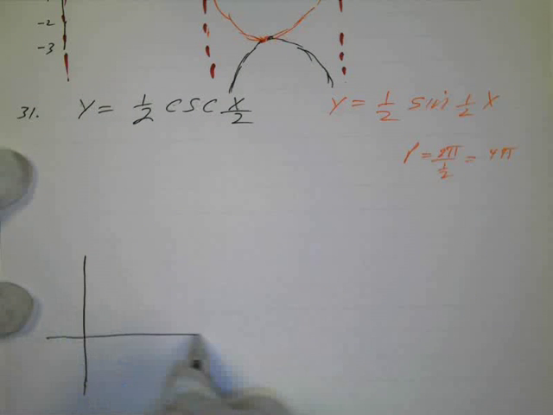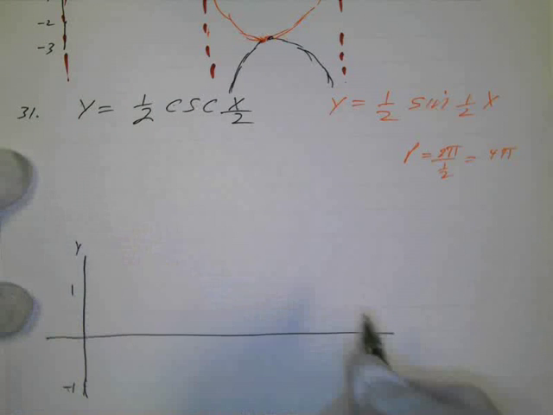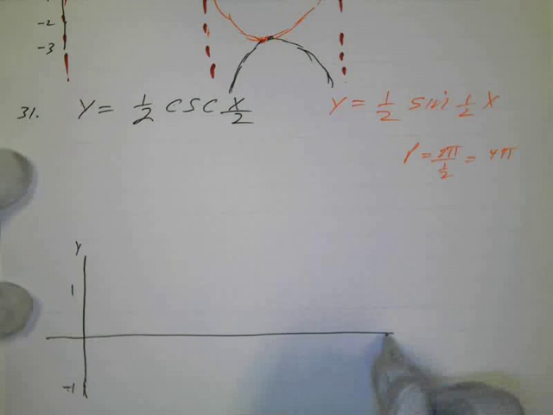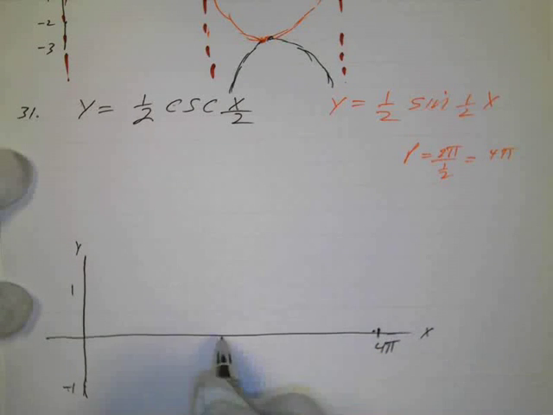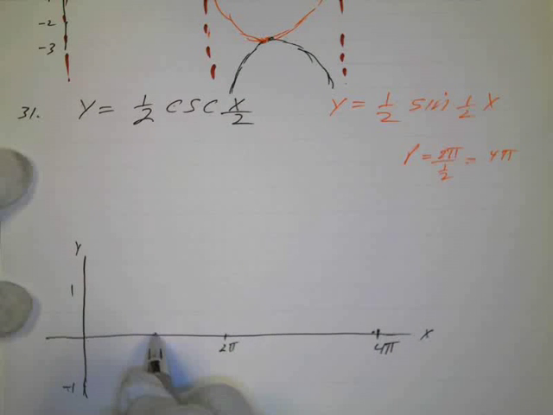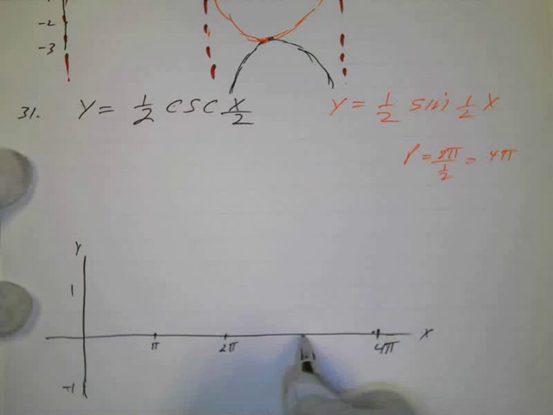Down there, here we go. Okay, and this is a -1, this is 1, y, x, and again we'll make this 4 pi. So label this right, so this would be 2 pi, this would be pi, and if you have trouble splitting these up, you can use a ruler. 3 pi.